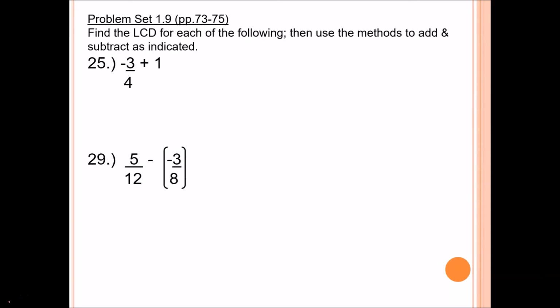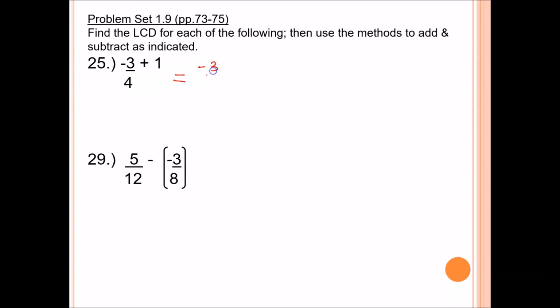For number 25 and 29, we're asked to find the LCD of the following numbers and then use the methods to add and subtract as indicated. So 25 is negative 3/4 plus 1. Can we combine this fraction and the whole number 1 right away? Of course not. We need to convert this into a fraction with the same denominator as 3/4.